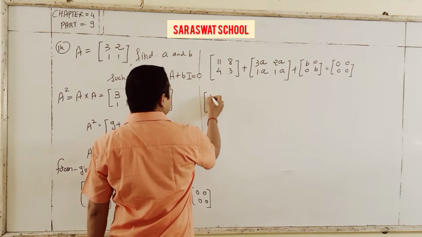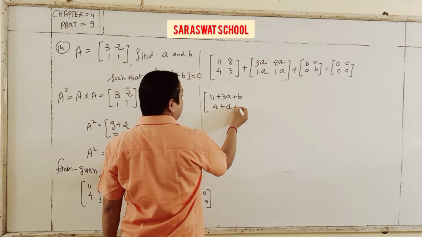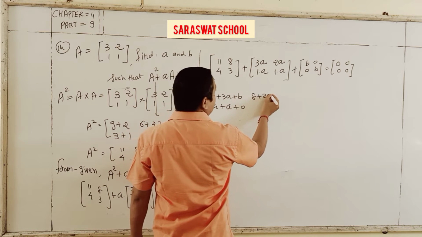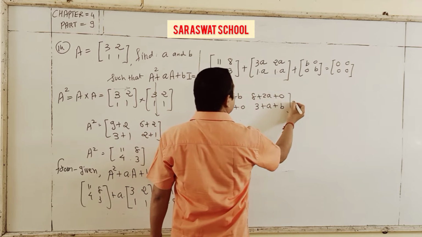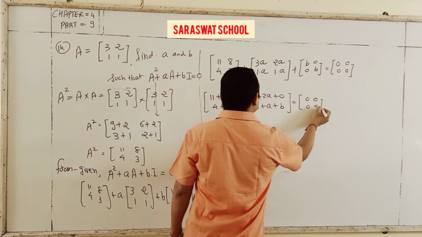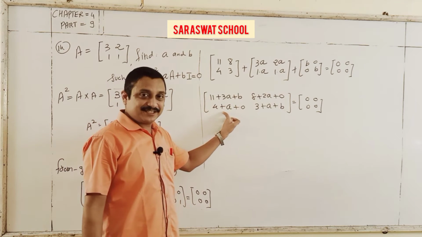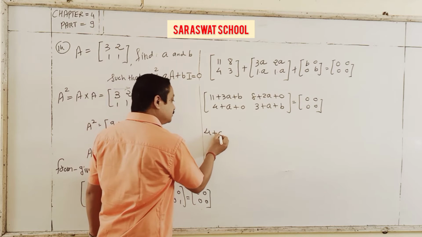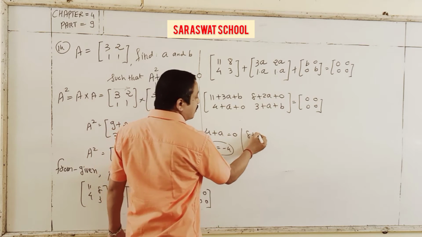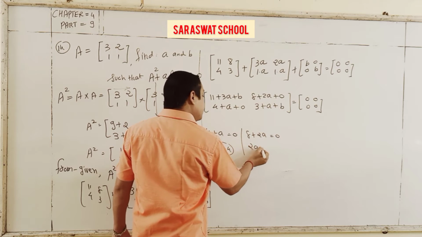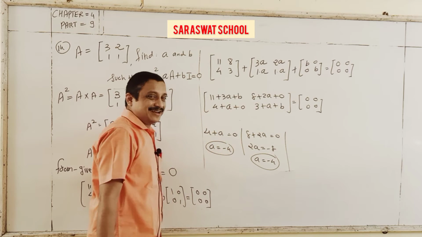So 11 plus 3a plus b, 4 plus a plus 0, 8 plus 2a plus 0, 3 plus a plus b is equal to 0. Just compare it. I think first comparison is the best way. 4 plus a is 0, a becomes minus 4. Either you compare 8 plus 2a equal to 0, 2a becomes minus 8, a is minus 4, indirectly a coming.